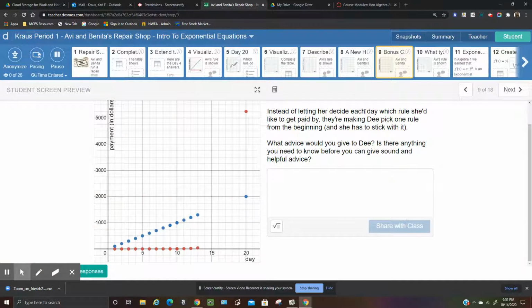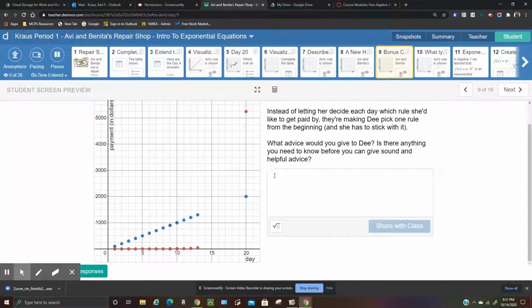Instead of letting her decide each day which rule she'd like to get paid by, they're making D pick one rule from the beginning, and she has to stick with it. What advice would you give to D? Is there anything you need to know before you give sound and helpful advice?